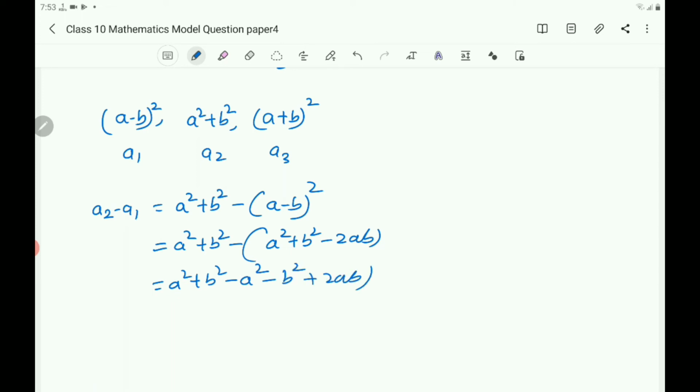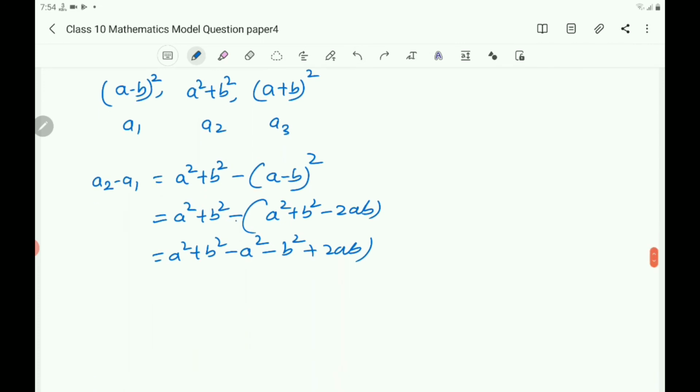Here the bracket is open, so as there is minus outside the bracket, the sign of a square becomes minus a square, b square becomes minus b square, and minus 2ab becomes plus 2ab. Then a square minus a square cancels, b square minus b square cancels. So you got a2 minus a1 equals 2ab. Consider this is the first one.